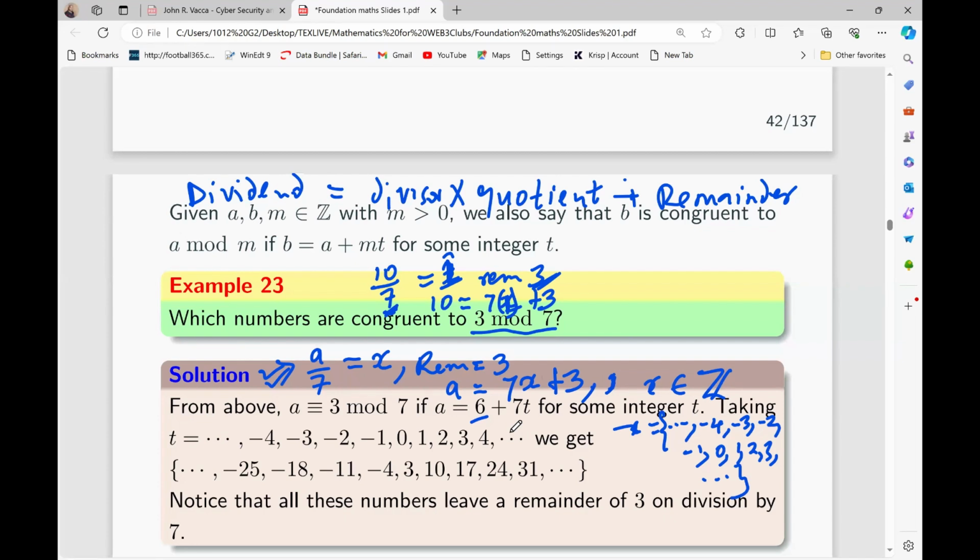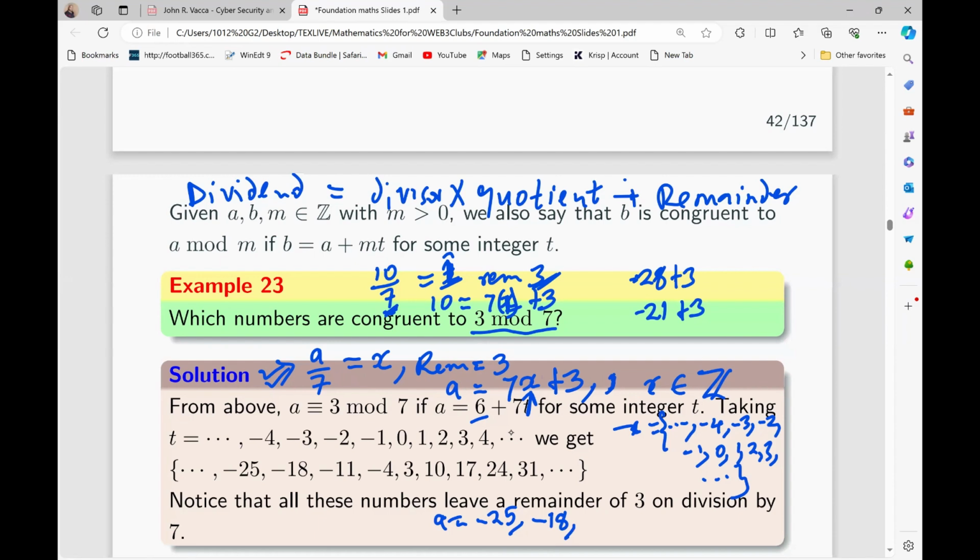So you can choose X to be -4. If X is -4, what do you then have? A will be -4 times 7, which is -28, then plus 3, and that gives you -25. X can be -3. If X is -3, -3 times 7 will be -21, and then plus 3 gives you -18.